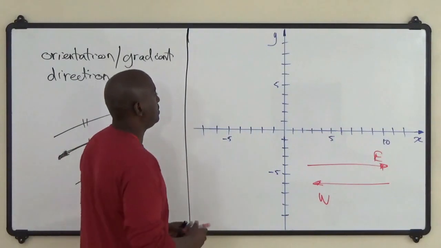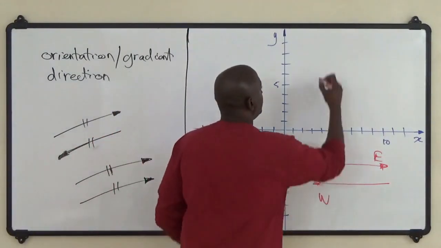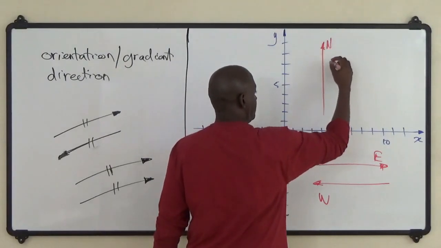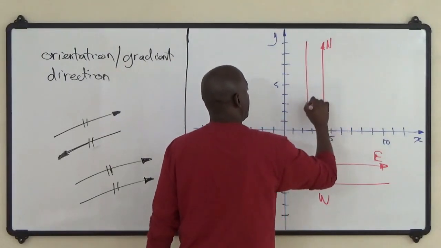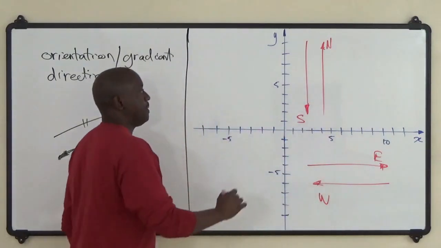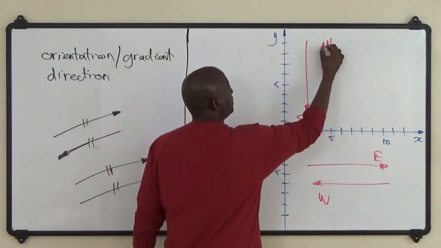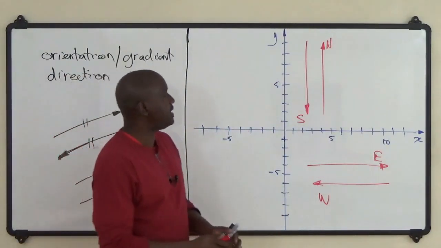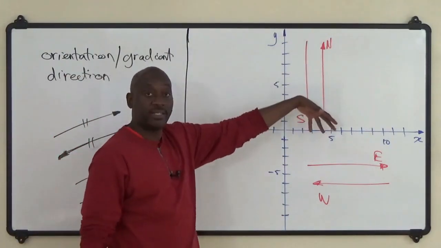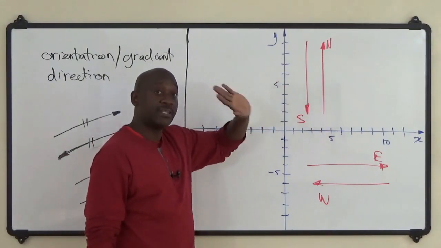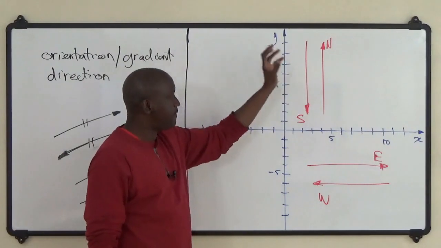By the same token, if we're talking north and south, this guy is going to the north, and this guy is going south. Again, for the purposes of directional description, there is no way we would say that these two vectors are traveling in the same direction. However, the orientation is the same, which is vertical.